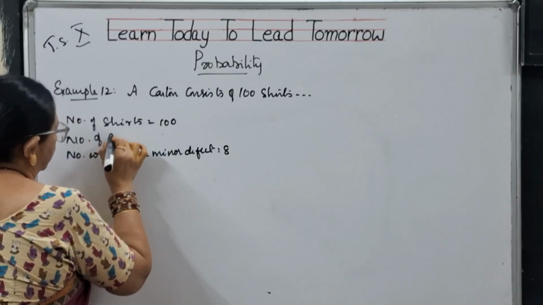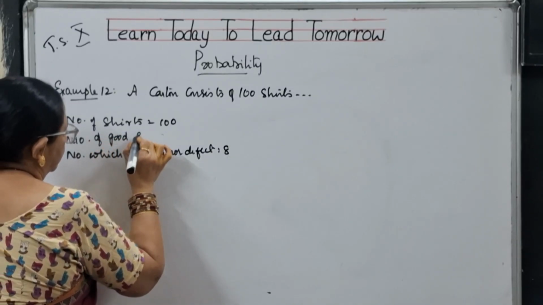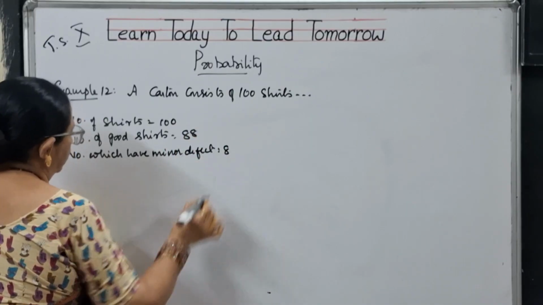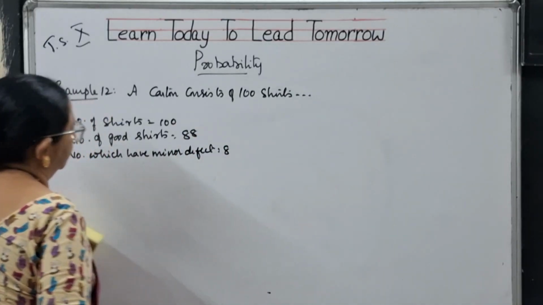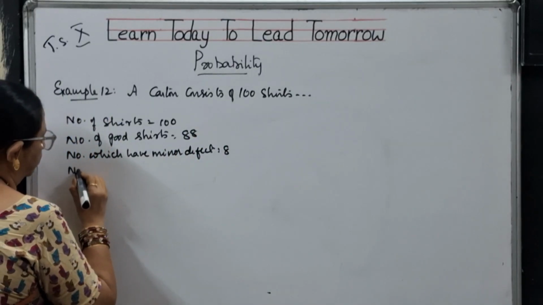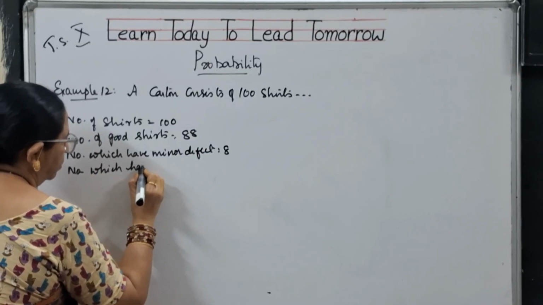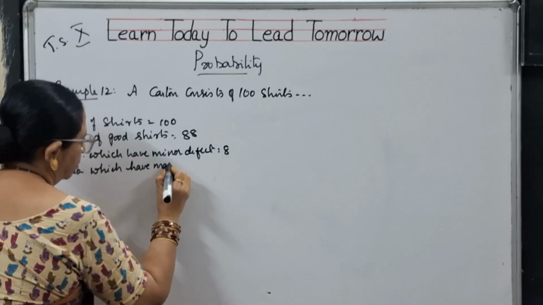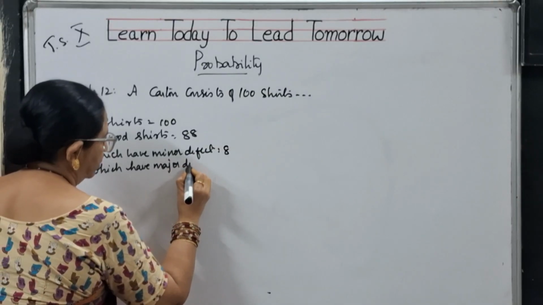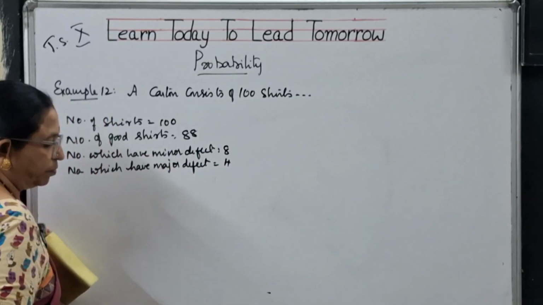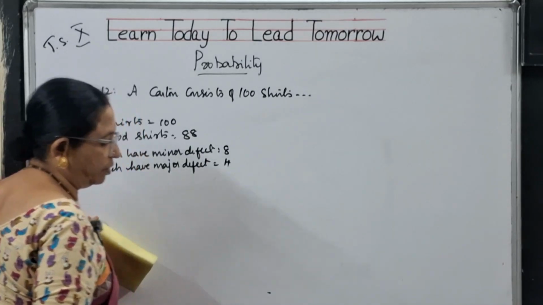Number of good shirts is 88. Number which have minor defect 8. Number which have major defect are 4. So 4 have major defect.